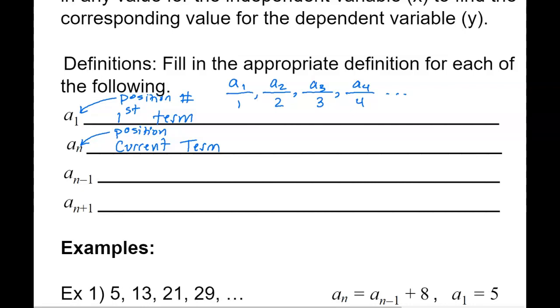It's your previous term. It's the term that came right before a sub n. And what do you think a sub n plus 1 would be? Your future term, your next term.